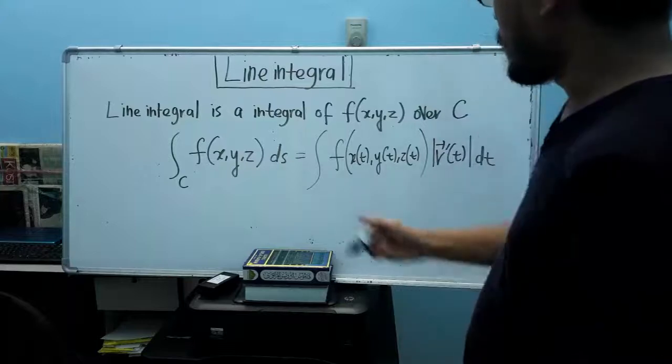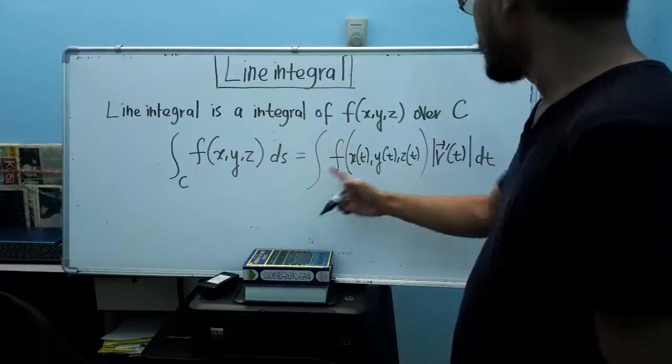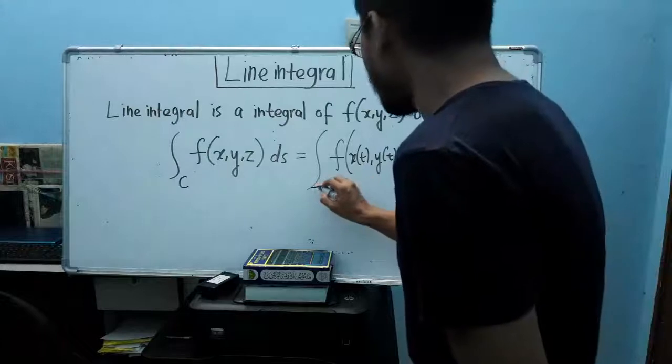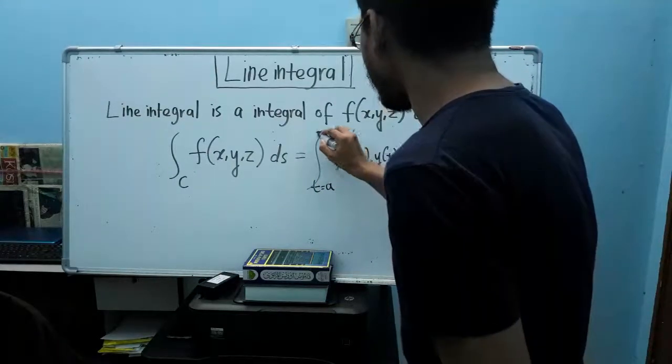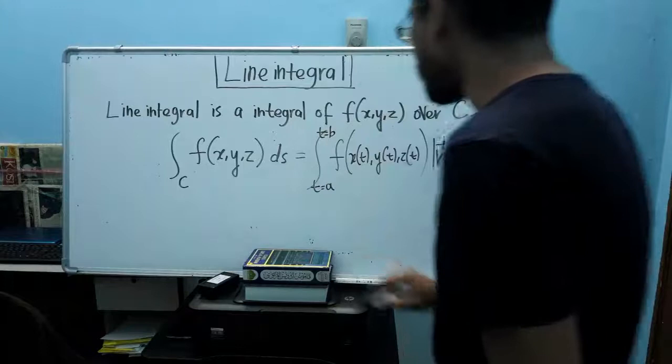The limits of integration with respect to t are between t equals a and t equals b.